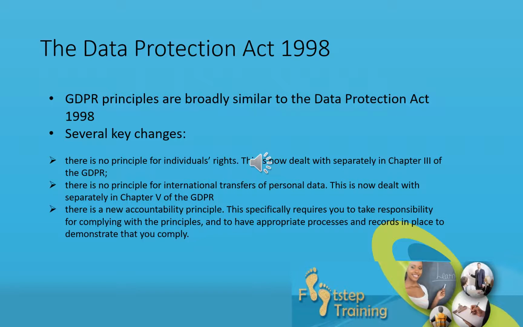This is now dealt with separately in Chapter 5 of the GDPR. There is a new accountability principle. This specifically requires you to take responsibility for complying with the principles and to have appropriate processes and records in place to demonstrate that you comply.